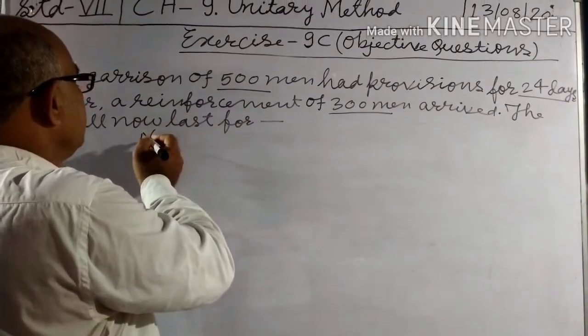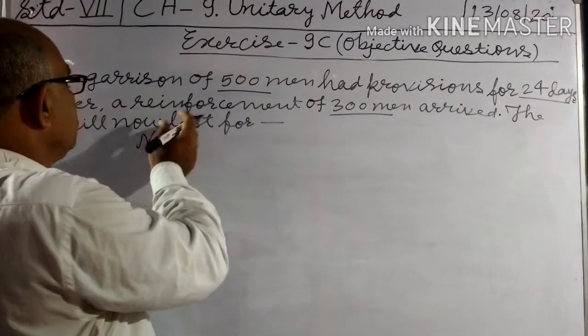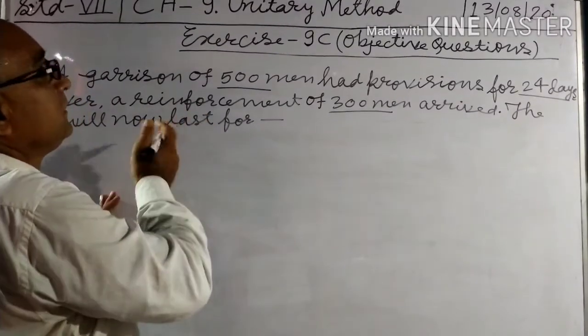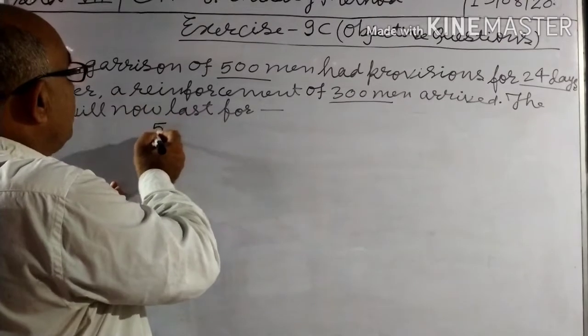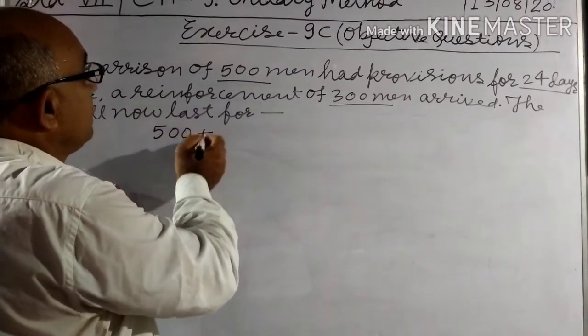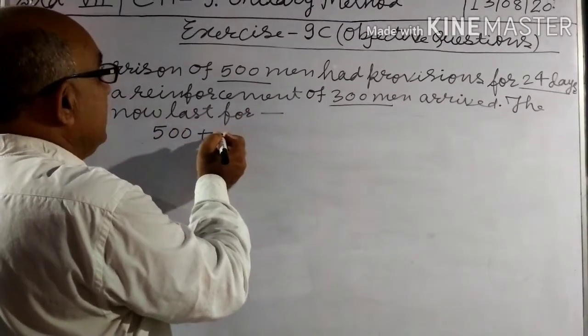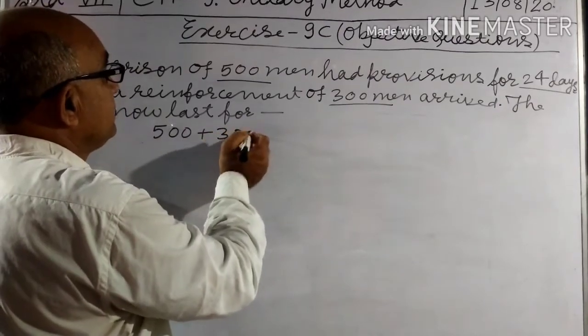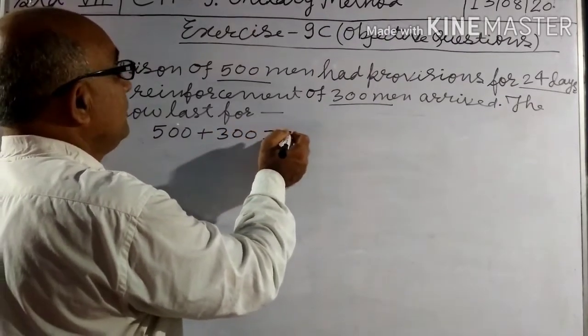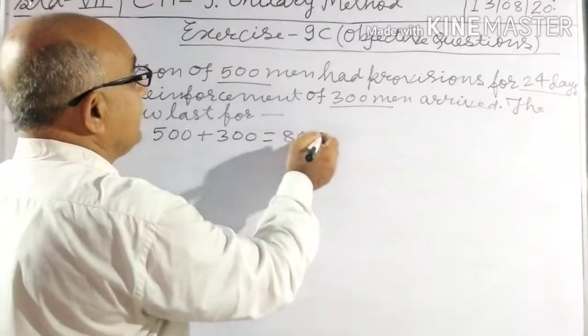Number of men: 500 plus the arrived 300 men equal to 800 men.